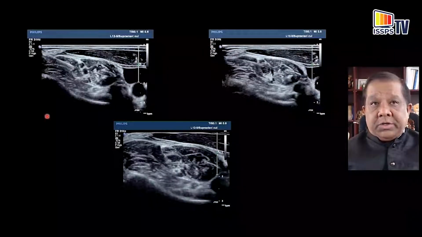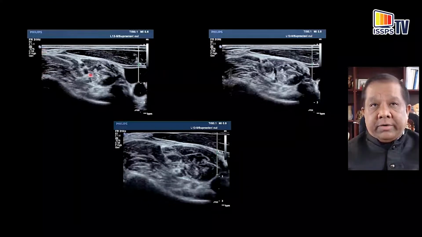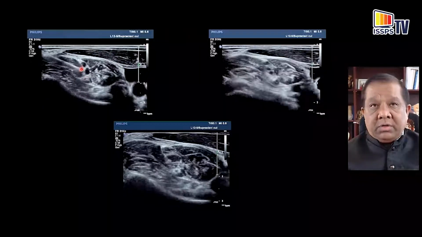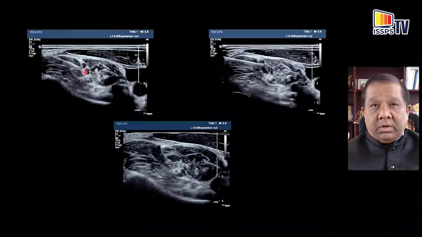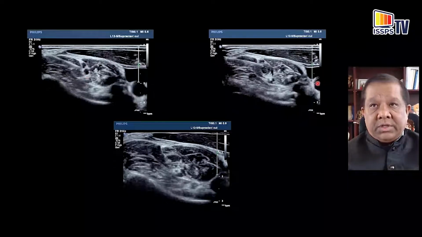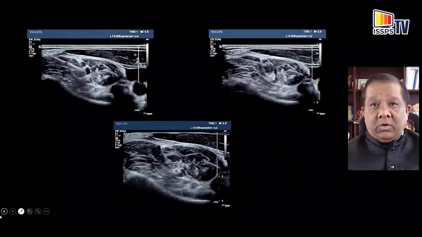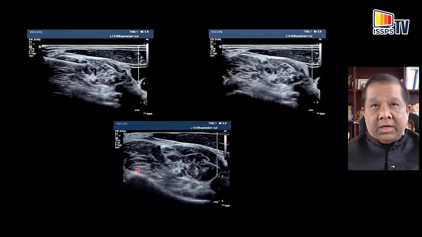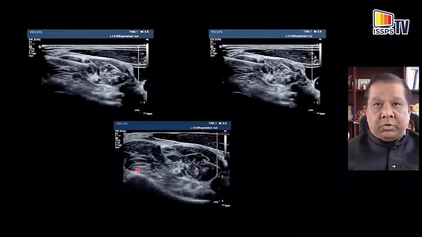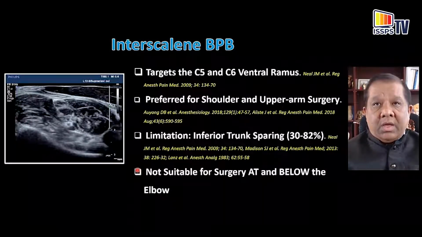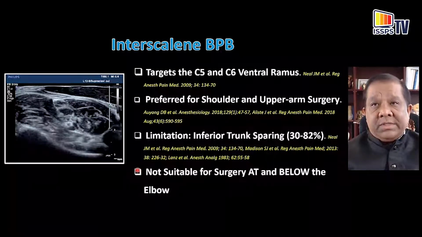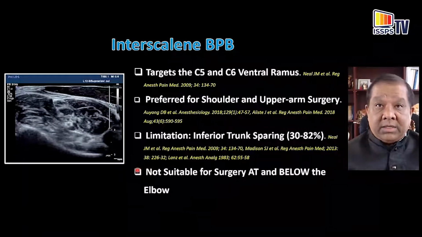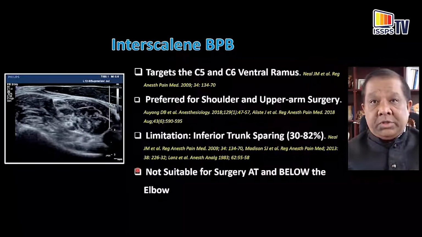The needle is inserted in plane from a lateral to medial direction, aiming for a periplexus location of the needle adjacent to the C5 and C6 ventral ramus, whereby the local anesthetic is injected to produce anesthesia and analgesia for shoulder surgery. So therefore, we target the C5 and C6 ventral ramus during an interscalene brachial plexus block, and it is preferred for shoulder and upper arm surgery.